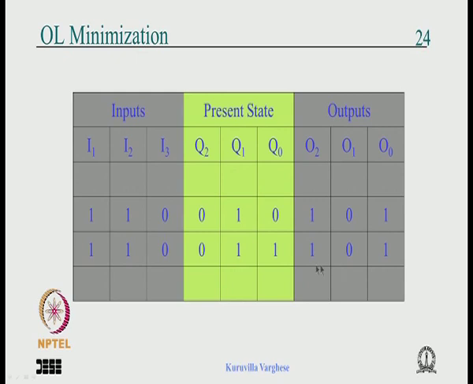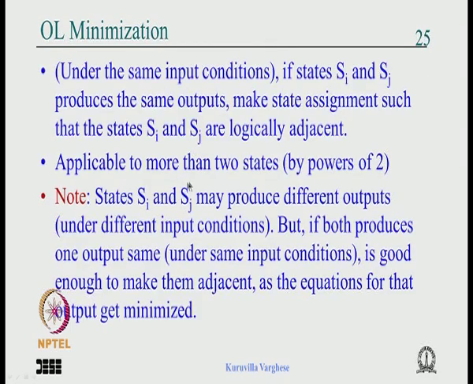And if it is a Mealy kind of output, then you have to combine the inputs. You have to make sure that these are logically adjacent for the same kind of input condition. That is what is stated here, under the same input condition, for Mealy type. If it is not Mealy, you can remove this.